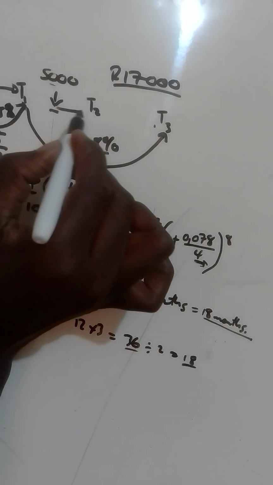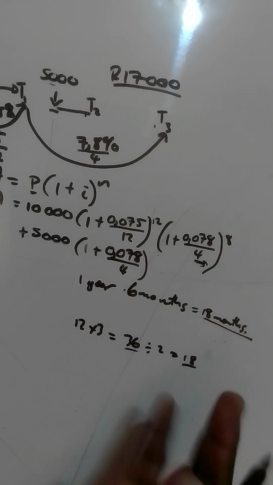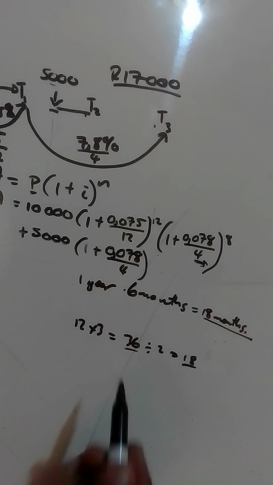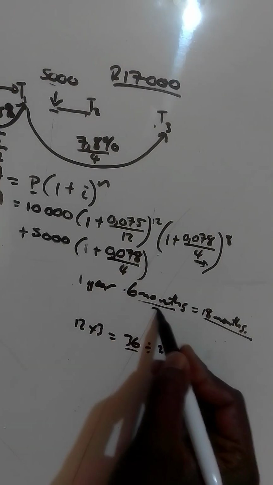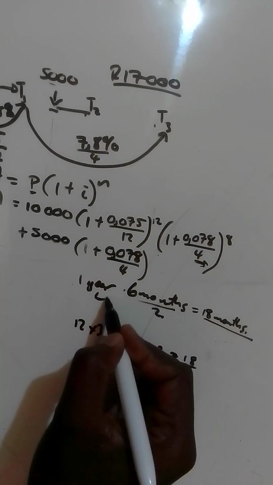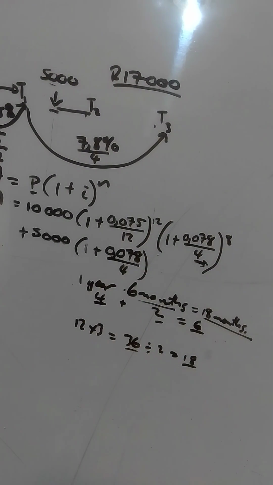It means that there were now 2 more payments, because remember we said a quarter is every 3 months. So these 6 months have 2 payments, and a year has 4 payments. So we've got 4 plus 2, which is equal to 6.